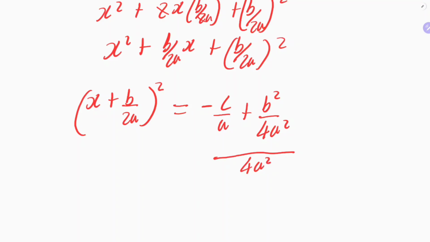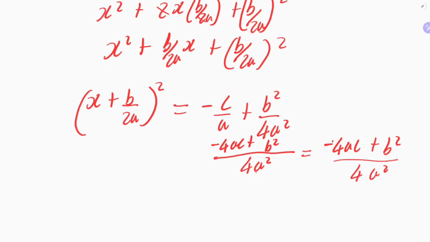So 4a squared divided by a gives us 4a. 4a times negative c gives us negative 4ac, plus 4a squared divided by 4a squared gives us 1. 1 times b squared gives us b squared, which is equal to negative 4ac plus b squared, divided by 4a squared.